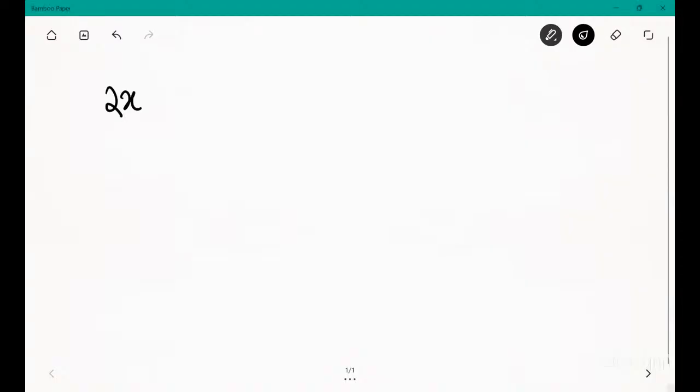And they're saying this is equals to 1,000 rupees more, means you add 1,000 rupees more than 3 girls' costumes. So 2 boys' costumes is equals to 1,000 rupees more than 3 girls' costumes. So that's our first equation.